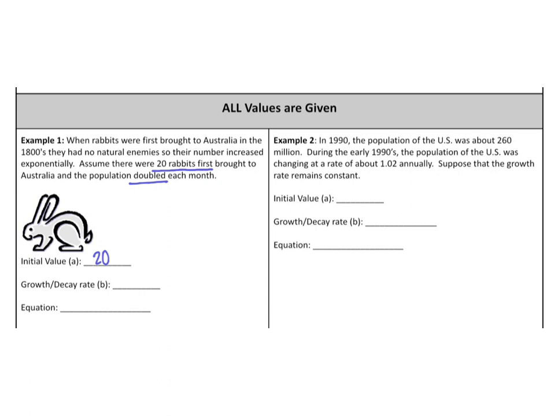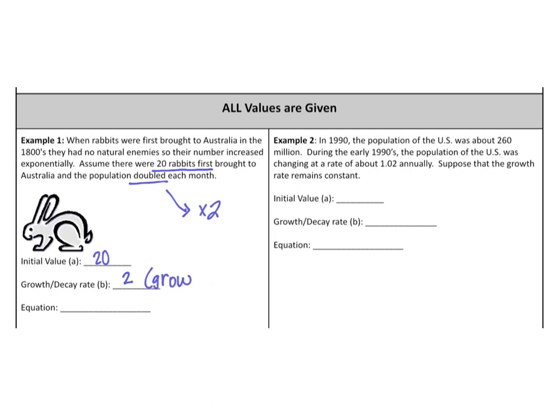Then my growth or decay rate, it says it doubled. What does doubled mean? Well, it means it's times 2. So my growth or decay rate is 2. And if it's doubling each month, 2 is definitely bigger than 1. It is a growth.